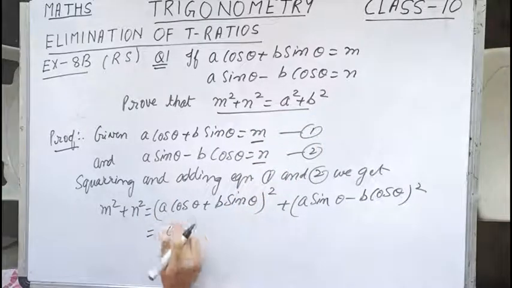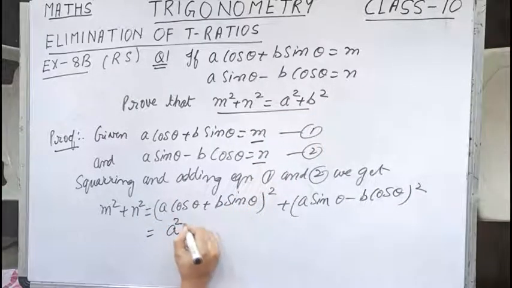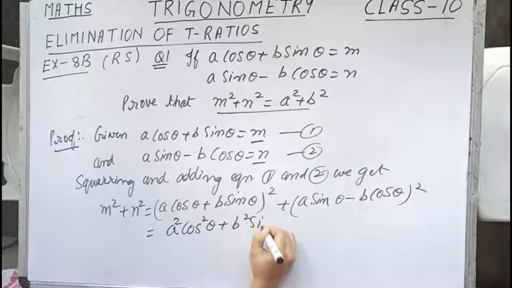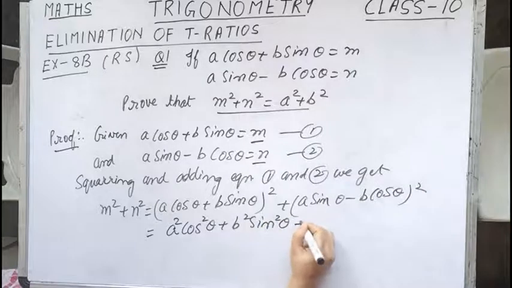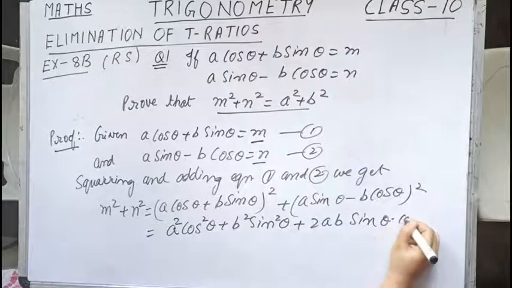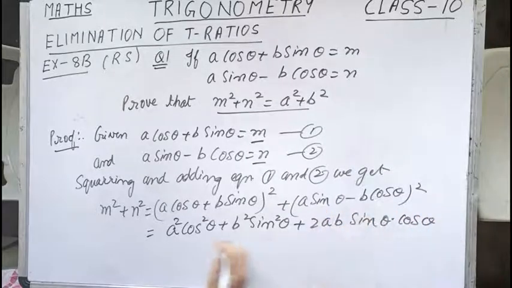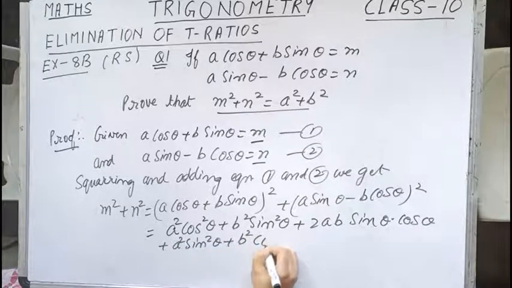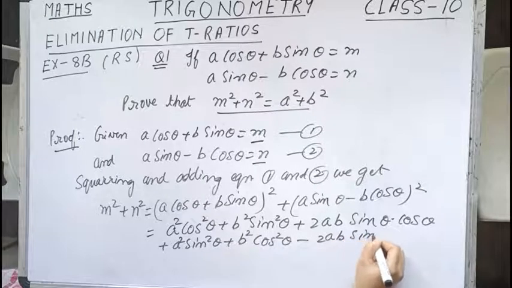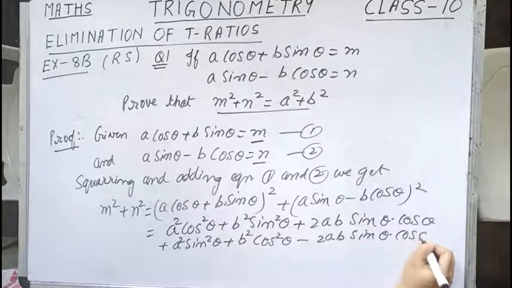So over here using the a plus b whole square formula, this will be a square cos square theta plus b square sin square theta plus 2ab sin theta into cos theta. One more bracket is there, so plus a square sin square theta plus b square cos square theta minus 2ab sin theta into cos theta.